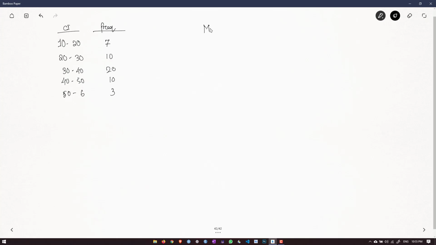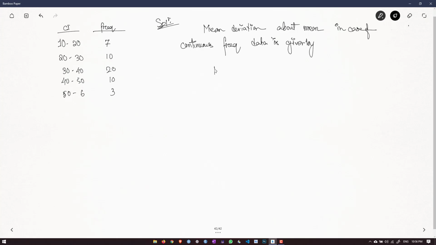So in this case, solution: mean deviation about mean in case of grouped or continuous frequency data is given by the following.